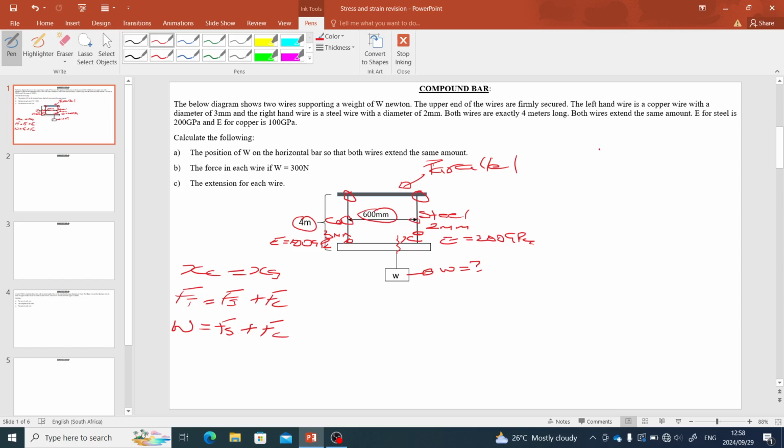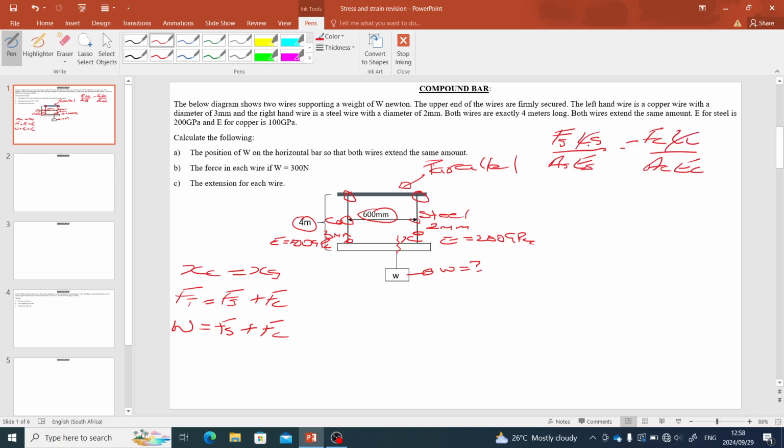Now we know that the change in length, Fs Ls over As Es, equals Fc Lc over Ac Ec.